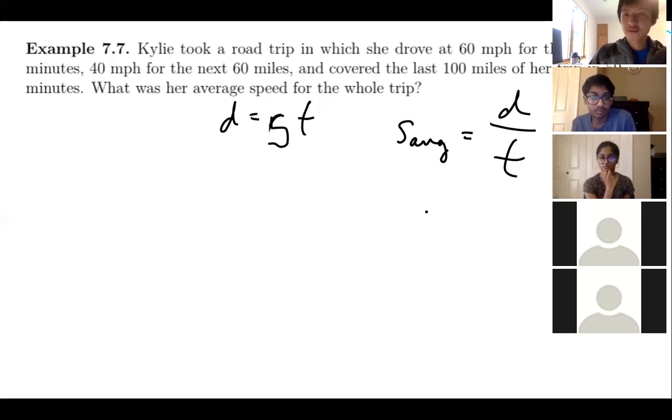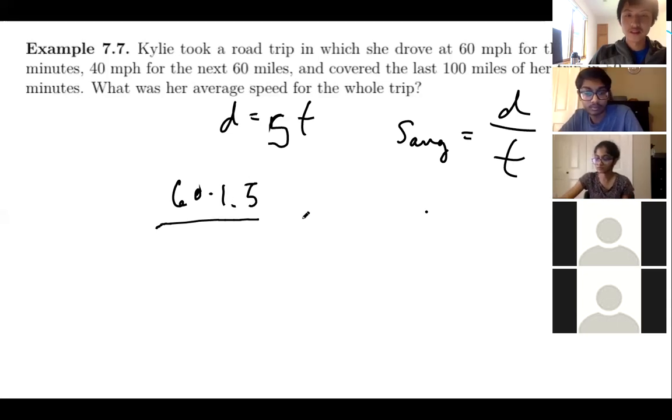Okay, so let's look at the first section. She drove at 60 miles per hour for the first 90 minutes. So that means she drove 60 times 1.5 miles in 1.5 hours.